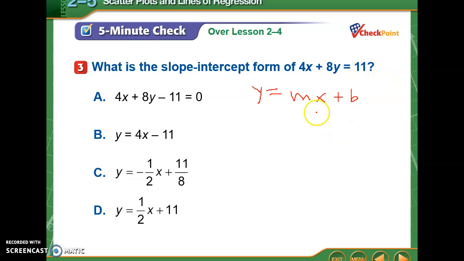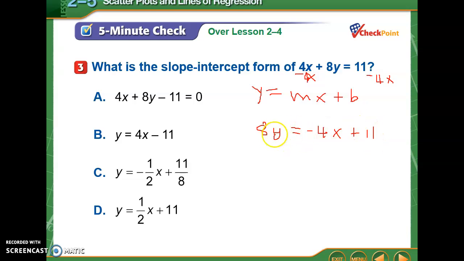Okay, so what are you going to do first? So you're going to subtract 4x both sides. Okay, so that will give you 8y equals negative 4x plus 11.